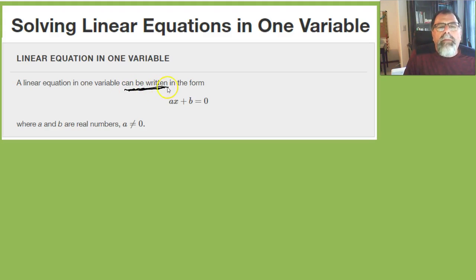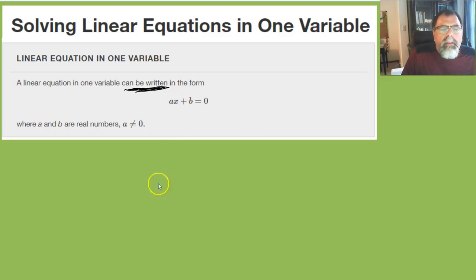It doesn't say that it is written. So basically, anything that you can use algebra to create an equivalent form to this will be considered a linear equation. And the big thing is that the degree is going to be degree 1 for the variable. So this is to the first power.